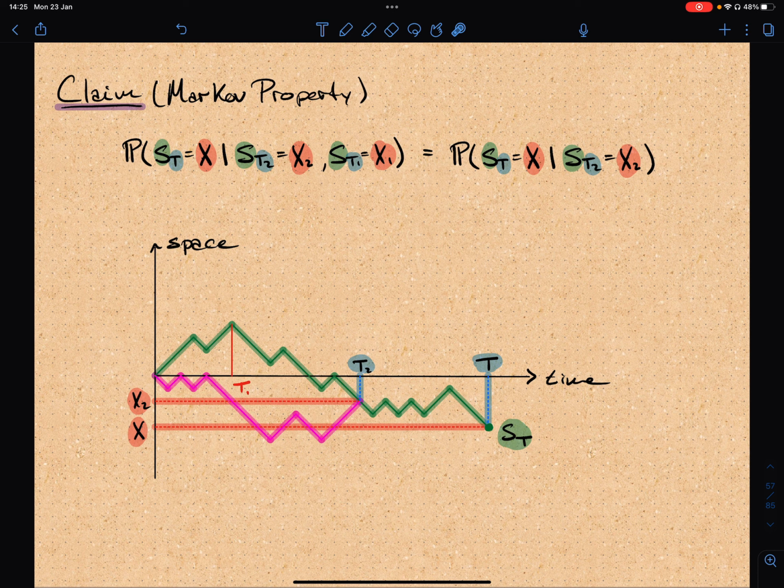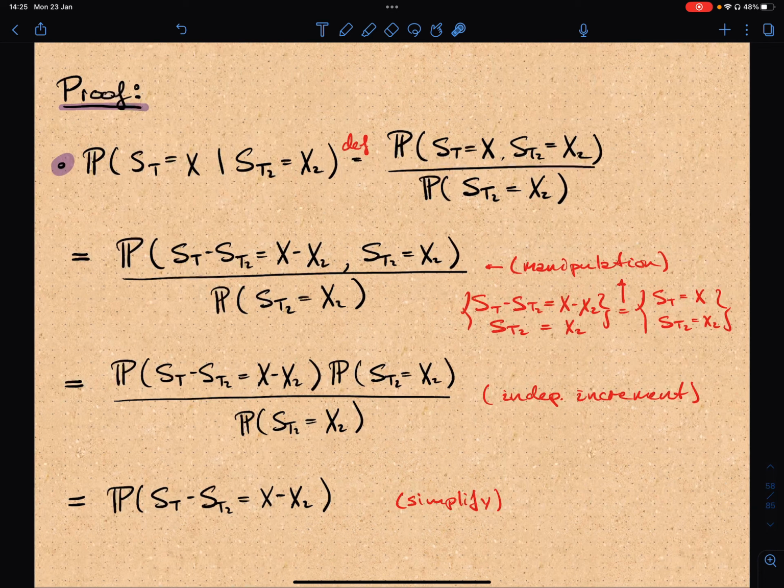This is the theoretical foundation, and in the next few lectures, we're going to adapt this property and use it for computations. And we'll see that, given this property, we can then use linear algebra to compute different probabilities. So let's look at the proof, and after the proof, I believe we'll finish the lecture.